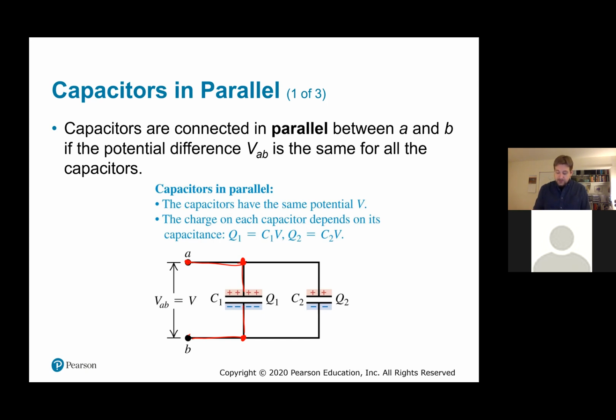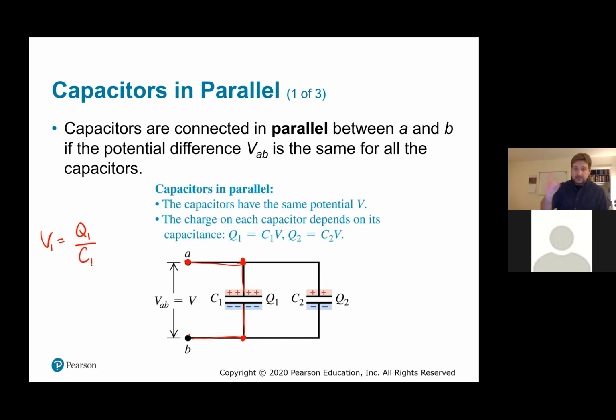So asking for the potential difference across C1, V1 is Q1 over C1.